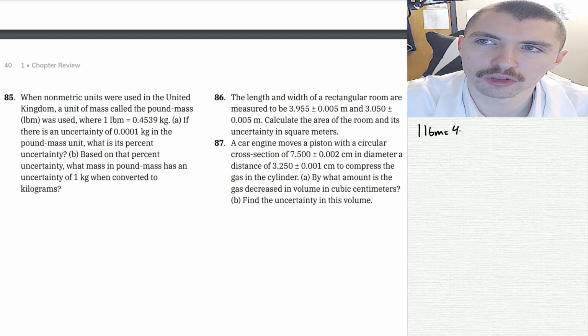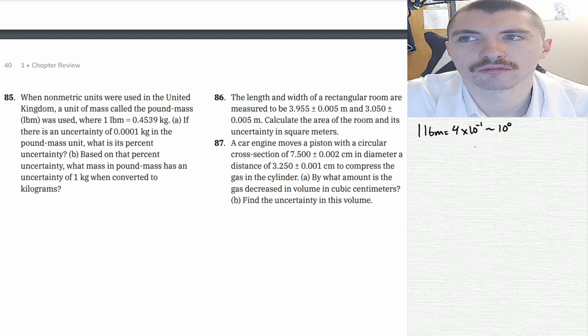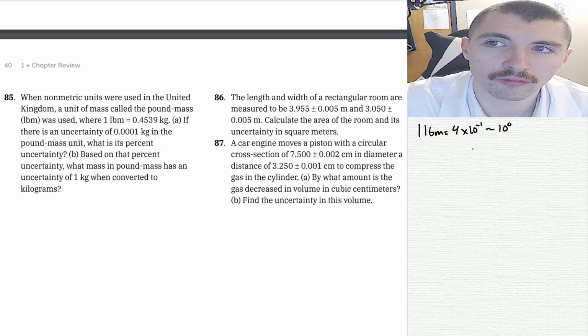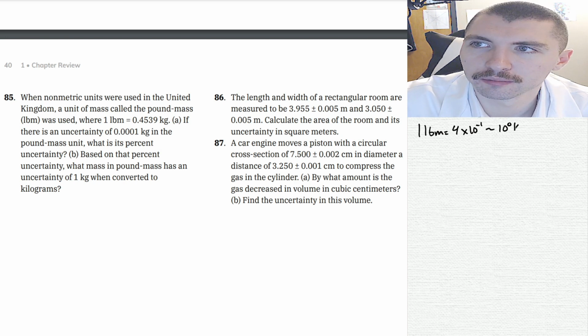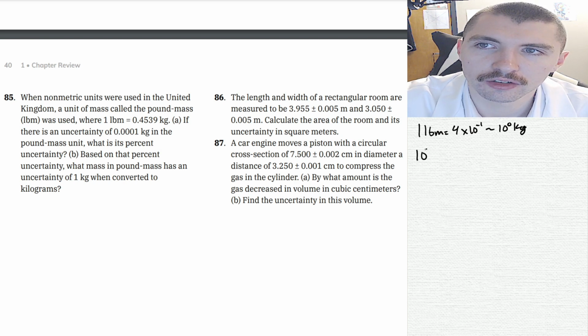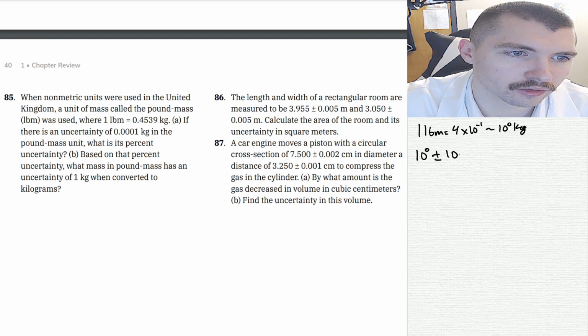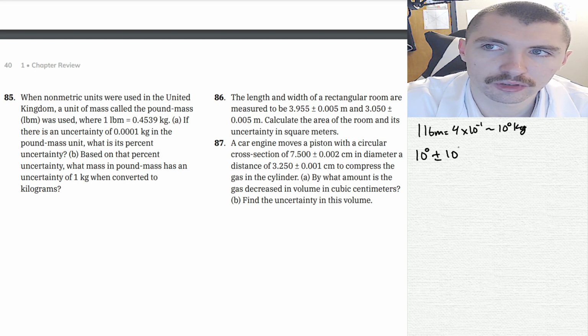So what is this? 4 times 10 to the negative 1, which is about 10 to the 0 kilograms. Okay, so if there's an uncertainty of this small amount, it's 10 to the 0 plus minus 10 to the negative 4 kilograms.